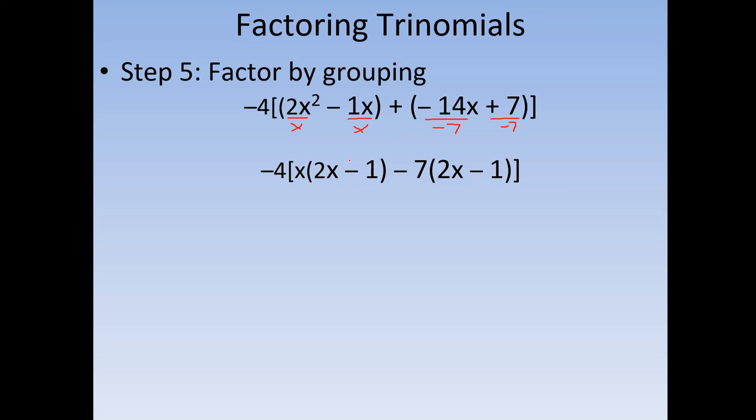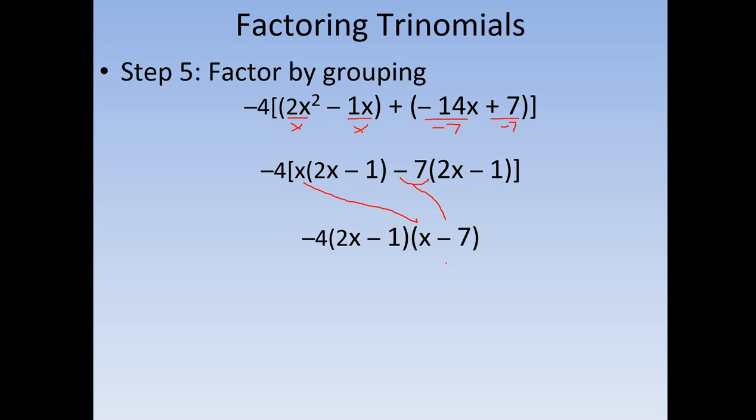So now what I do is I pull out a 2x minus 1 from both terms, and I just write the x minus 7 in its own set of parentheses. So negative 4, remember this whole negative 4 that we pulled out in the beginning stays there the whole time, times the 2x minus 1 that we had in both of these terms, and then the x minus 7 that was left over.